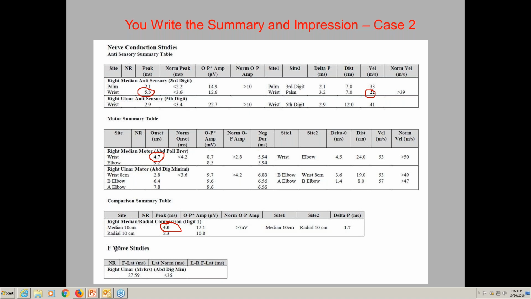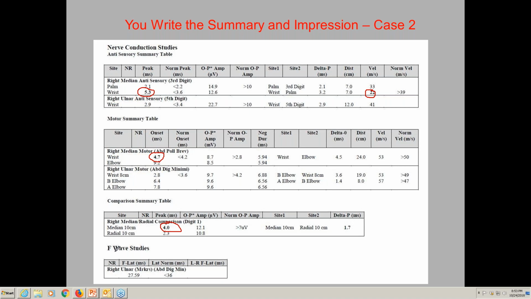And then bullet 2 would say there's slowed median motor distal latency across the wrist, period. And that would be the end of his summary. Is that right? Yes.